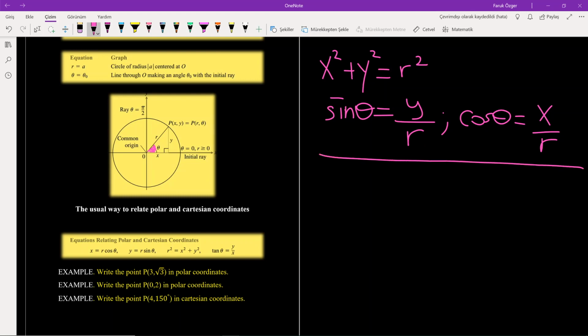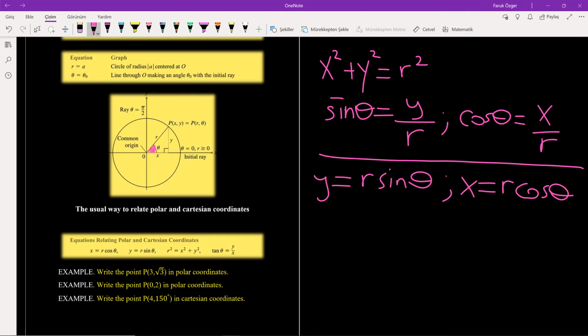If you substitute these two equalities, you will get y is equal to r sine theta and x is equal to r cosine theta. Okay, so we have two equations here.